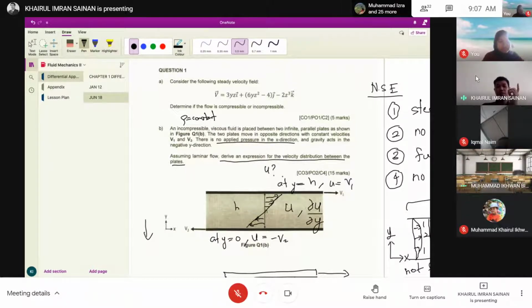So in actual fact, for this case, we cannot cancel out the pressure difference. But the question itself ignores the pressure, so that's how we can cancel out.